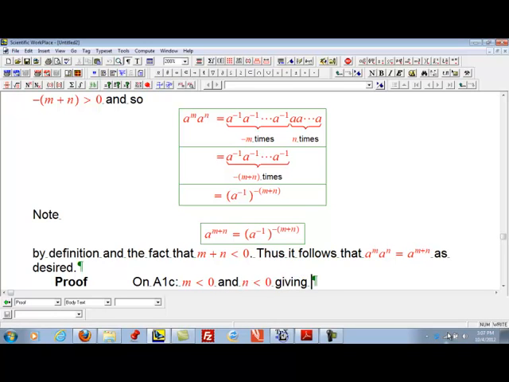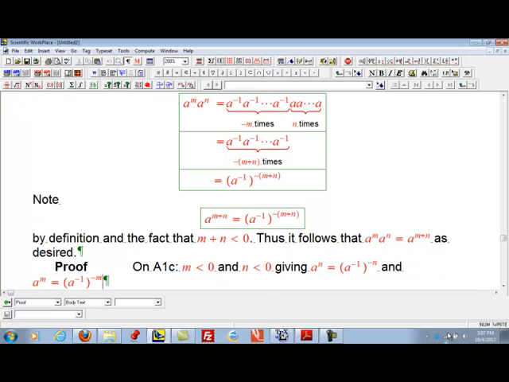Giving a to the n is equal to a inverse to the what? Negative n, which is a positive value. And negative m, which is a positive value.